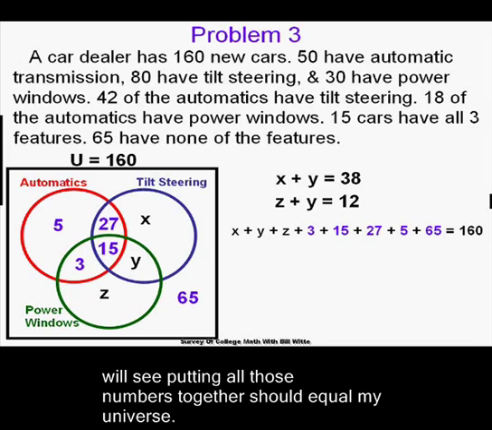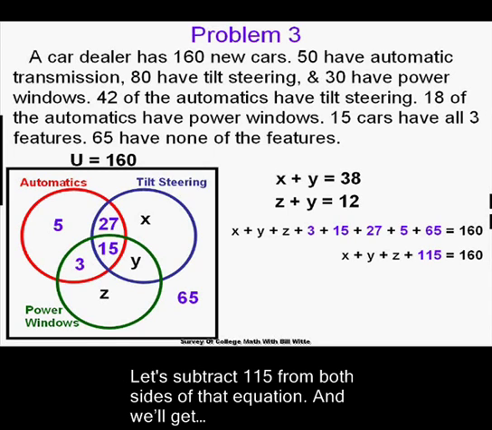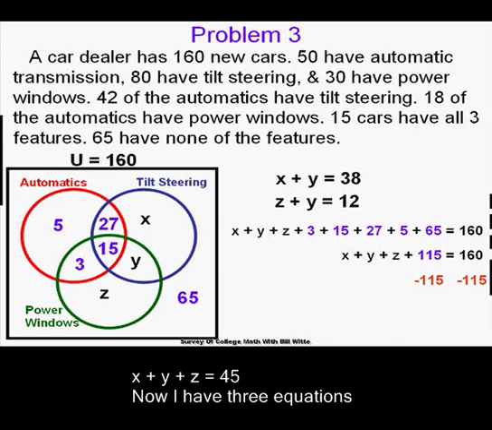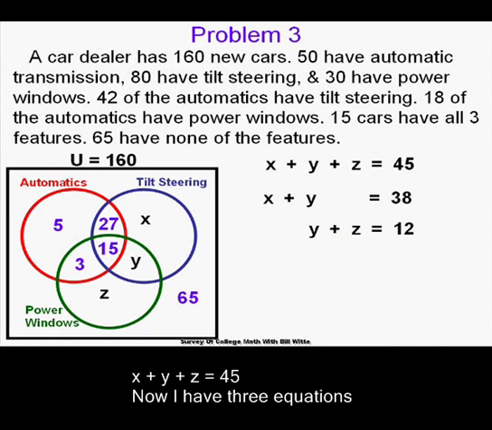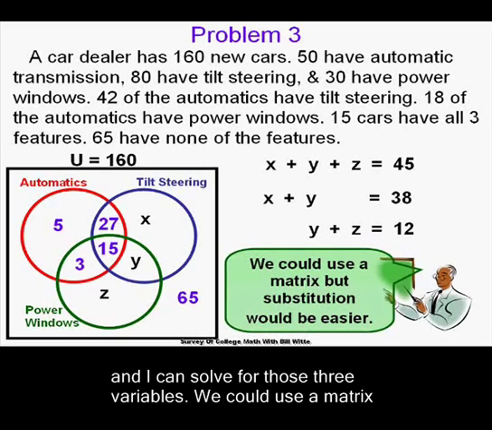So x plus y plus z, plus 115 has got to equal my universe. Let's subtract 115 from both sides. And x plus y plus z will have to be 45. Now I have 3 equations, and I can solve those 3 equations.